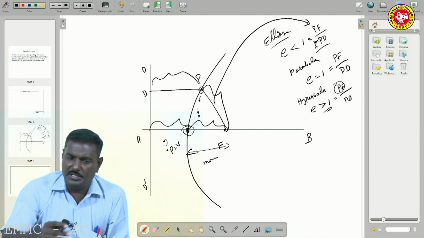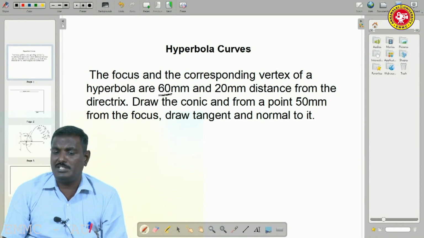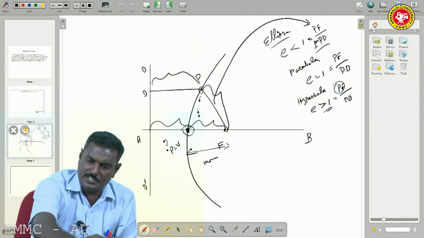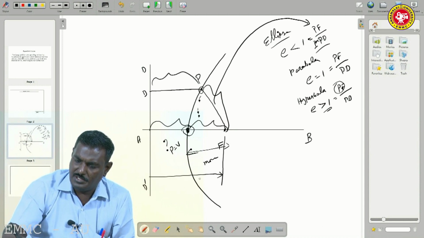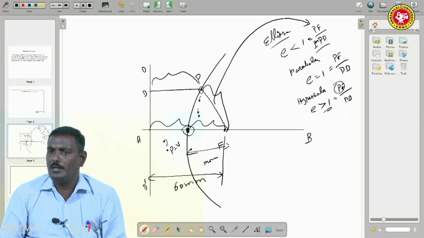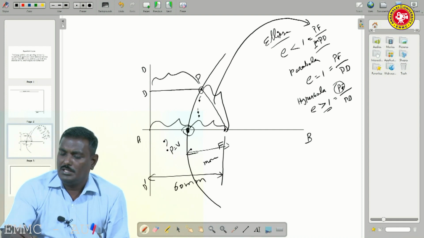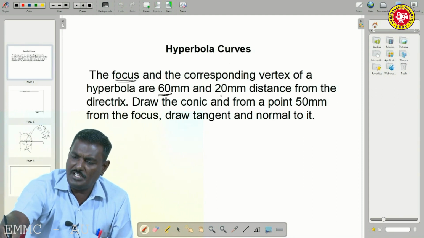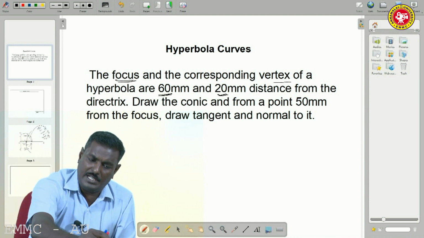But what is noted in this problem? This 60 mm, what about the 60 mm focus? From the directrix it is given as 60 mm, so the 60 mm is from the directrix to the focal point. Another one, 20 mm, is the vertex, which is also from the directrix.